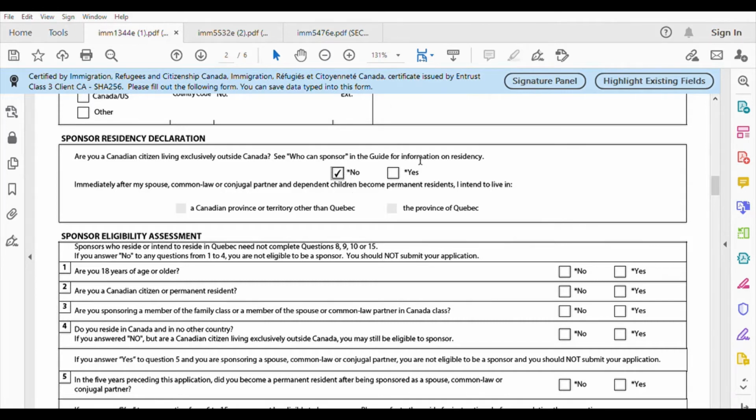And if you choose yes, you choose where you want to live, because as we mentioned in the first video, if you live in Quebec, you need to apply for two different applications, one application for Canada and one application for Quebec. But if you live outside Quebec, then you apply only for one application for Canada.